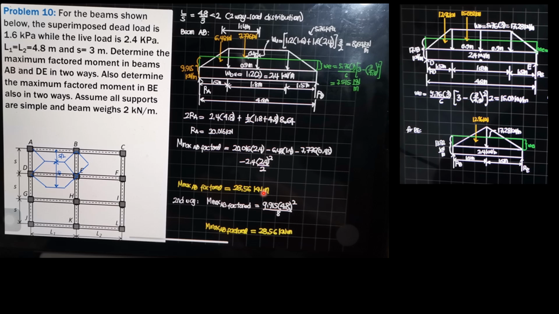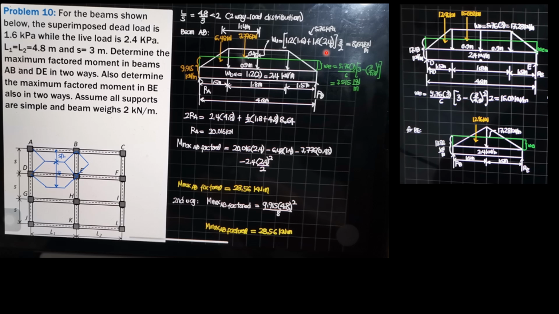For the other technique, we convert this trapezoidal factored loading into an equivalent uniform loading, WE. So this is the long direction with one side only, one panel, because it is an exterior beam. So it is PU S over 6 in general.